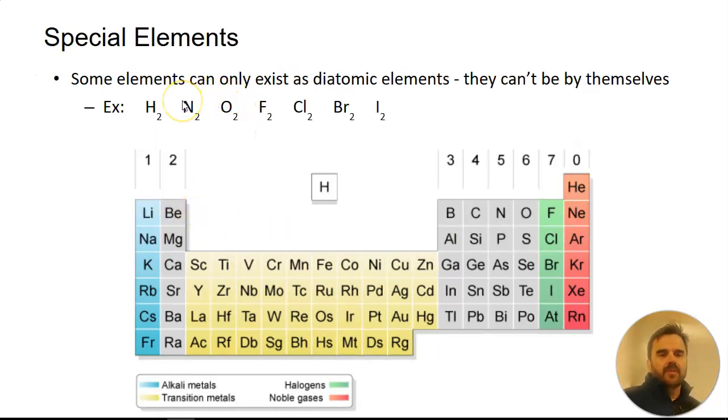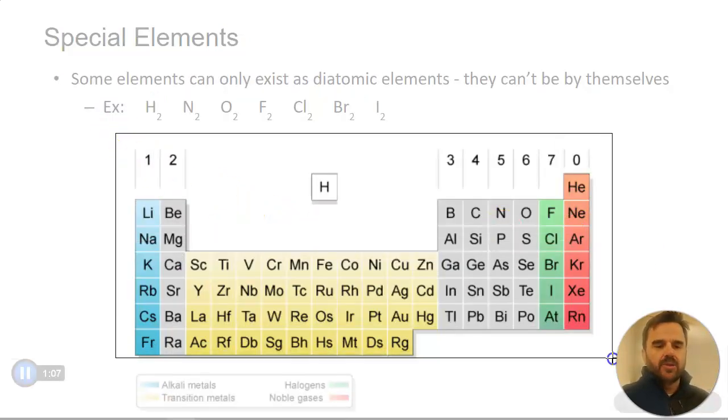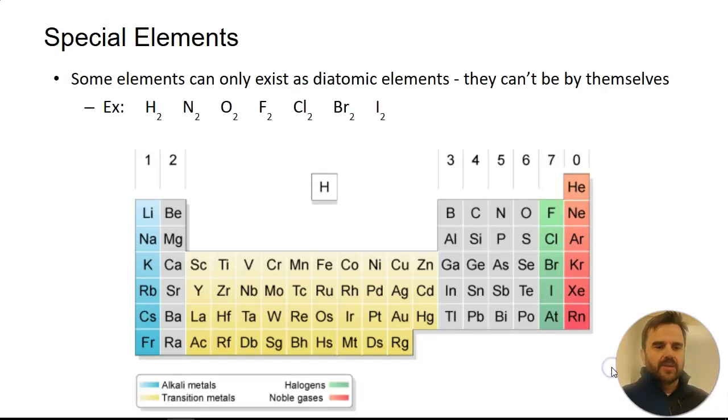Okay, and so some elements only exist as diatomic elements. There's a really good way to remember these. These are the ones that are the most important to remember. I'm going to tell you there's 7 that you need to remember, and these only exist in pairs of 2. So let me just take a picture of this partial periodic table here. They're missing hydrogen for some reason. They put it right here in the middle.